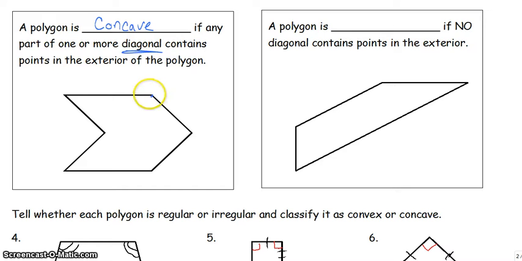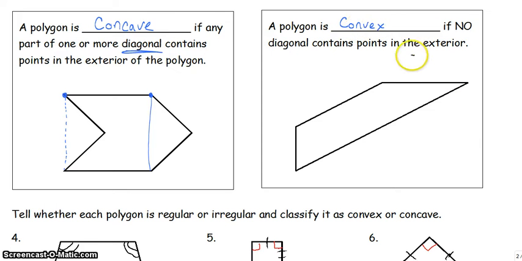In this case, I can draw this diagonal here. That goes through the polygon, so that doesn't make this concave. But this diagonal does. This diagonal is outside, or in the exterior of, the polygon. It makes this concave.